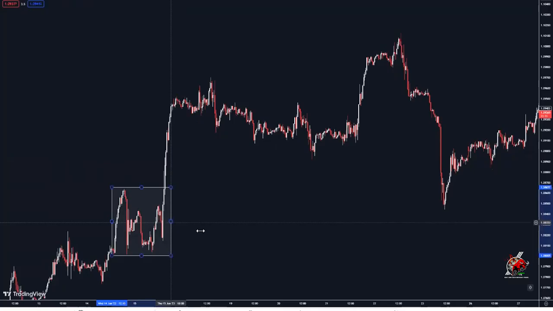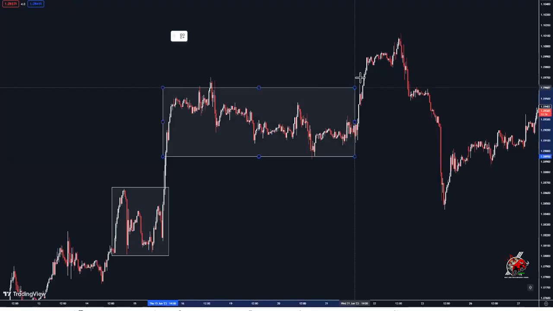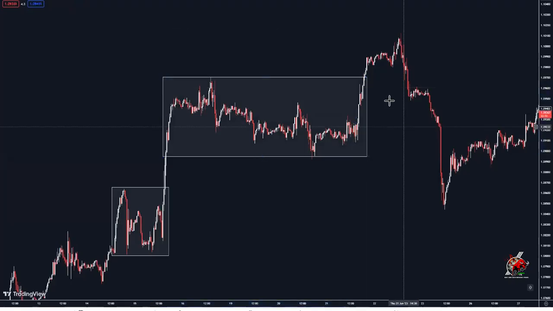So it's a nice support, which keeps our consolidation very clean, right? And then we also have consolidation right here. We also have consolidation right here. Remember what I said, we always go for the extreme consolidation, right?